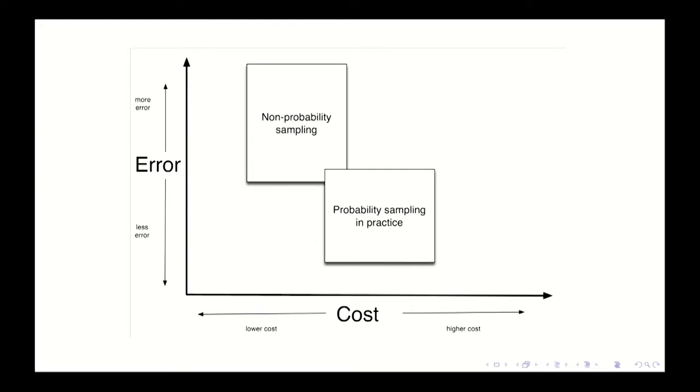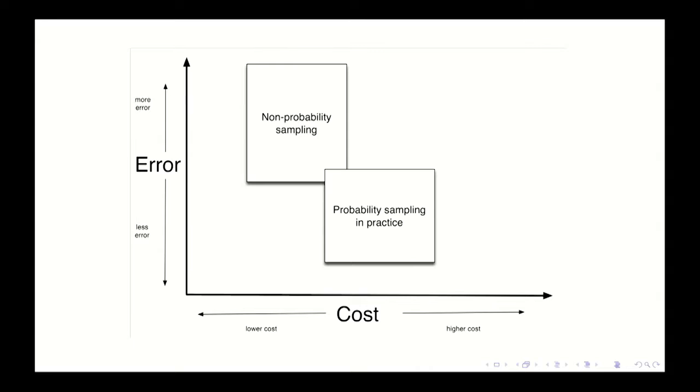I think probability sampling in practice has huge variability. What company you work with and how you implement these procedures makes a big difference in terms of the cost and the error. And I think the same thing is true for non-probability sampling. In fact, maybe this box should be even bigger because it includes a huge range of things. So I think it's impossible to say one is necessarily better than the other. If cost is a major criterion, then maybe non-probability sampling could be more attractive.